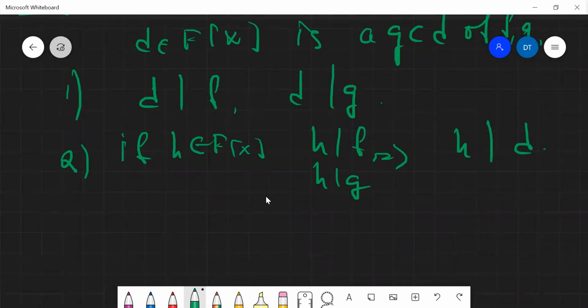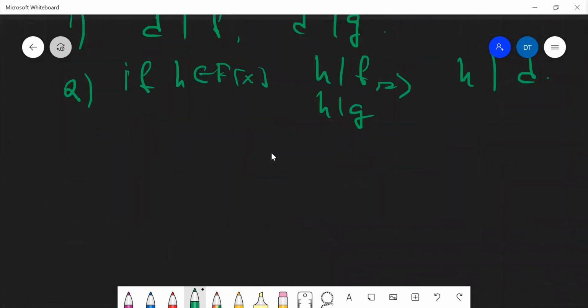So let me give you one example. If I have polynomials like x squared plus x and x squared, then the greatest common divisor will be x. However, the greatest common divisor is not uniquely determined.